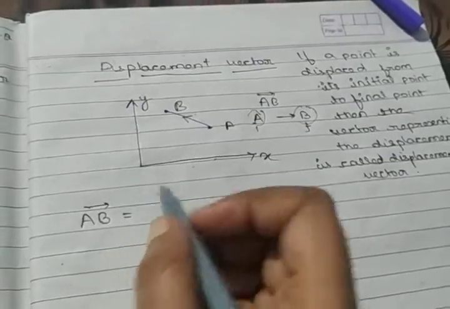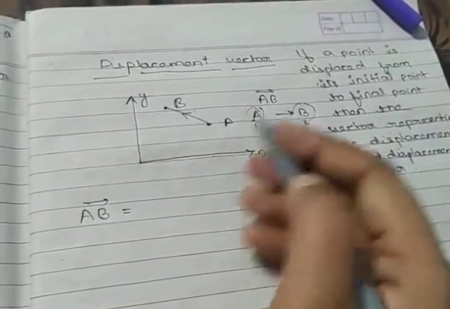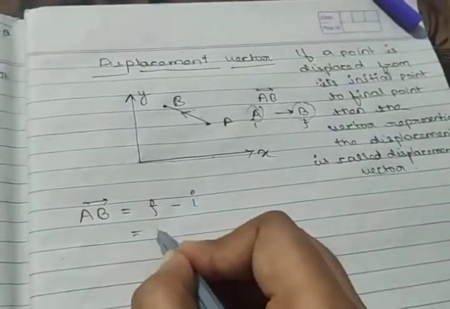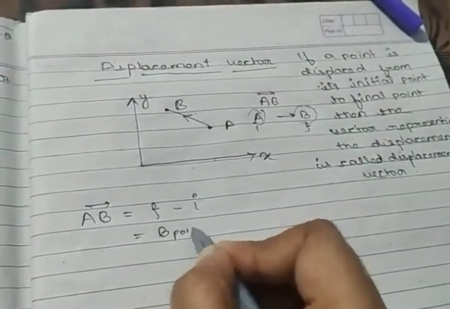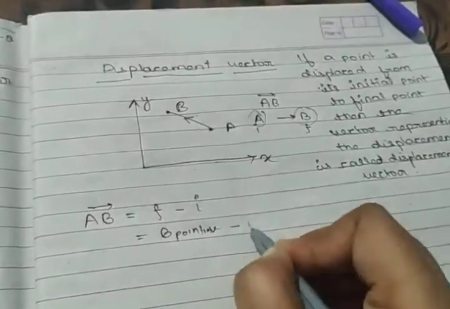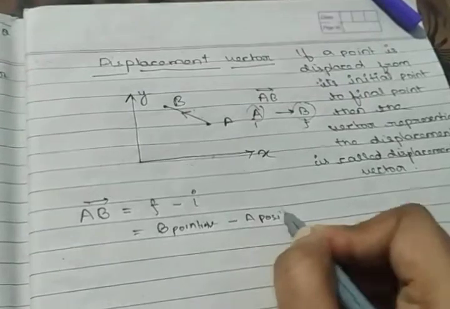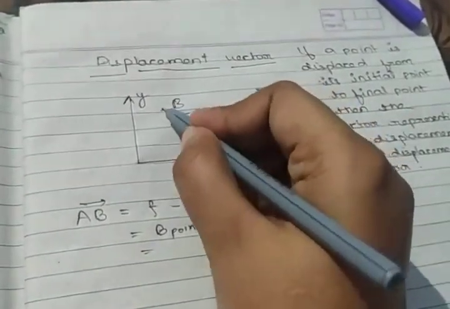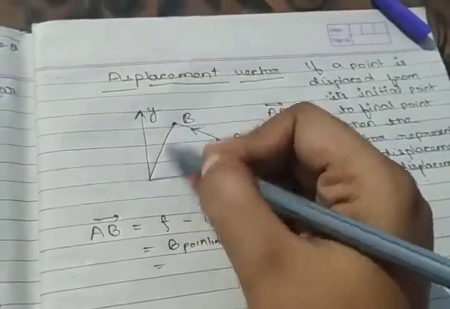So what is the total displacement? Final minus initial. So what is the final? That is B position vector minus A position vector. Yes or no? So B position vector is how much? Can I join it to the origin? This is the B position vector.